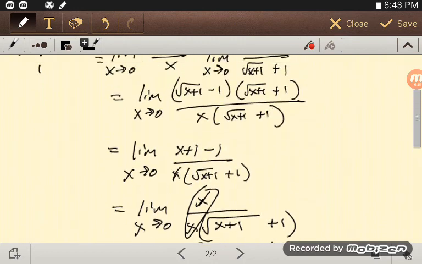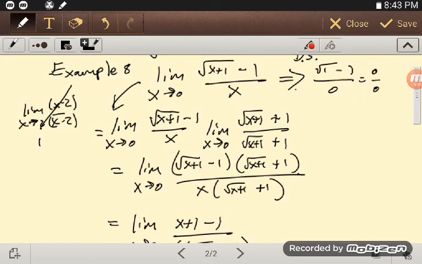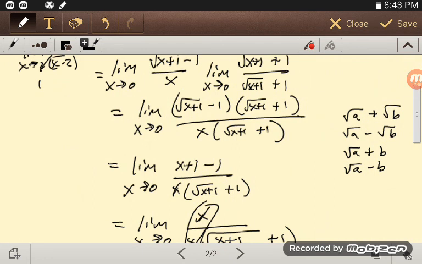Okay, so this is this idea of rationalization: if I have a square root, either plus or minus another square root, or not. I mean, I can have it with just a square root. But if I have something that looks like a plus the square root of b, or the square root of a minus the square root of b, or the square root of a plus b, or the square root of a minus b, anything that looks like that, I'll just multiply by its conjugate.